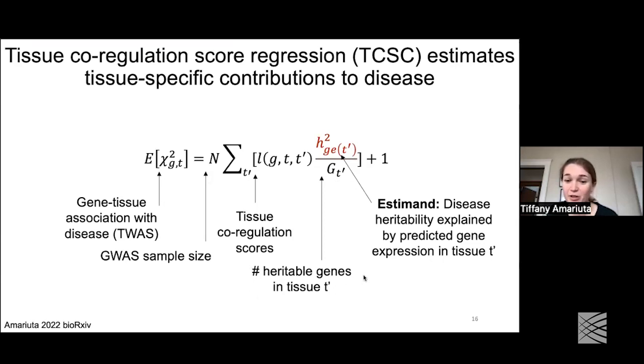Here specifically, we're referring to the number of cis-heritable genes, which means the genes for which the eQTL model from the previous slide was actually able to predict gene expression to some degree. I can talk a little more about the details if there are questions about that.